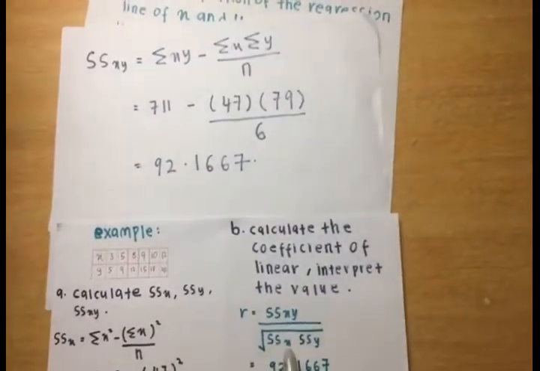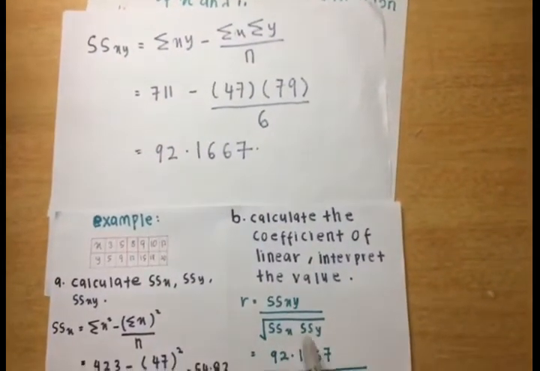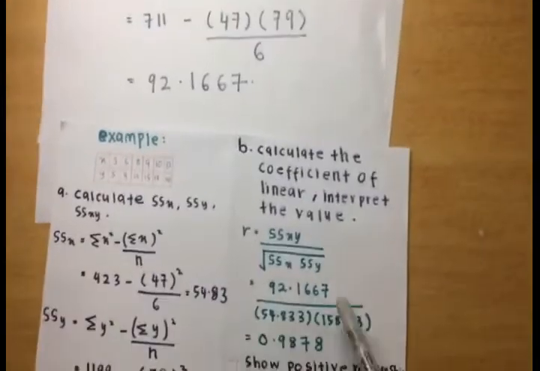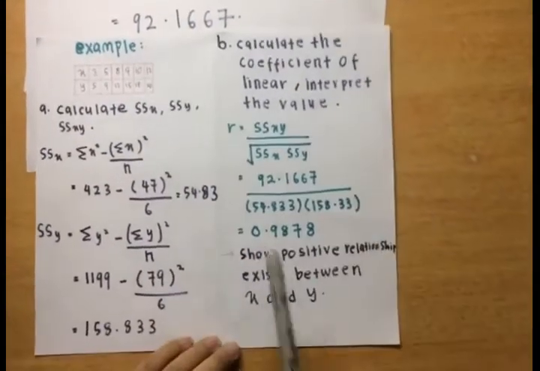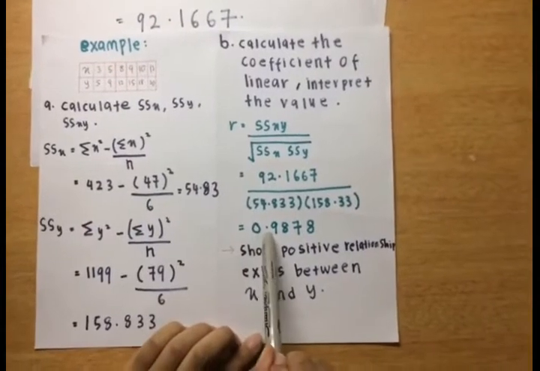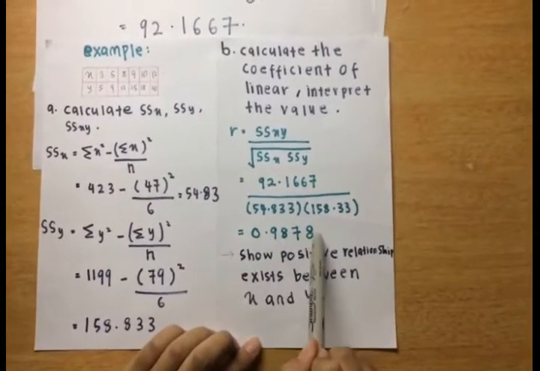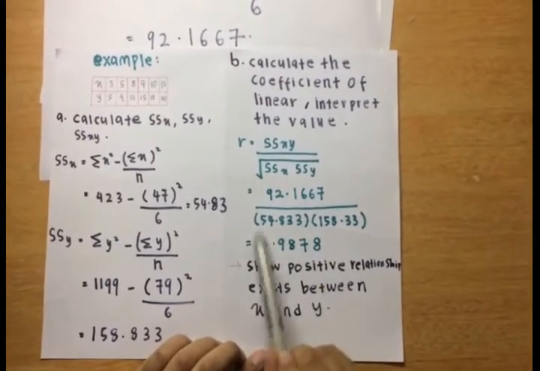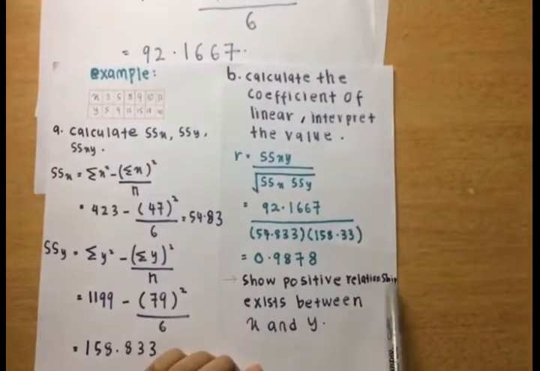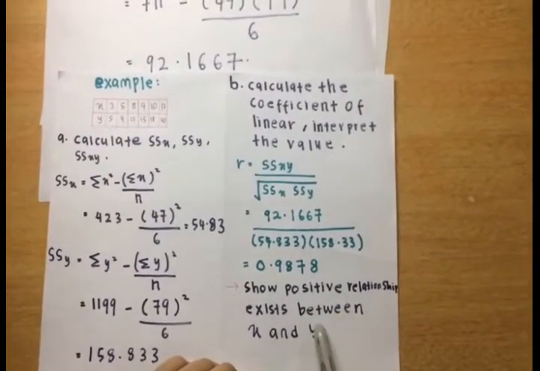We just put them into the formula, and we got the answer 0.9878. The positive value of R shows a positive relationship exists between X and Y.